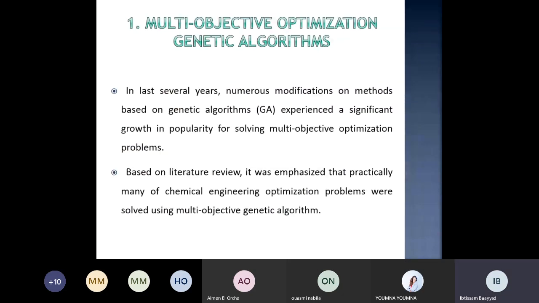In the last several years, numerous modifications of methods based on genetic algorithms experienced a significant growth in popularity for solving multi-objective optimization problems. Based on literature review, it was emphasized that practically many chemical engineering optimization problems were solved using multi-objective genetic algorithm.